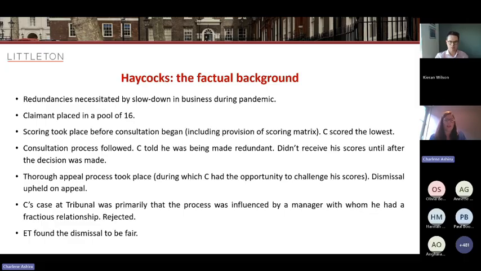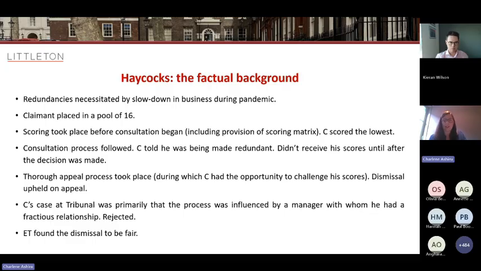So employers need to be careful about those decisions, and they need to carefully consider whether they should consult around the pool of employees being used, and they need to consider whether other affected employees should be part of that pool or part of the consultation process before crystallising that particular decision.